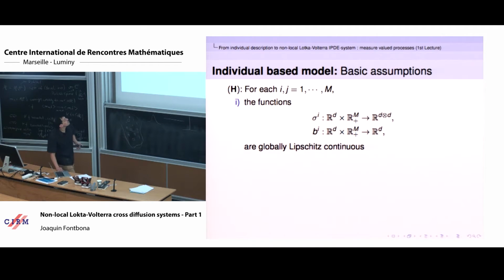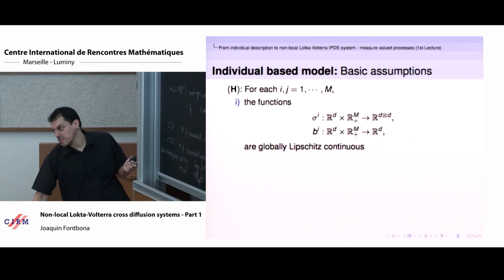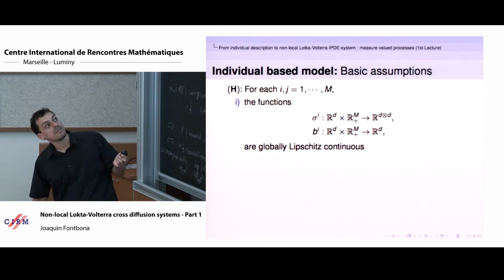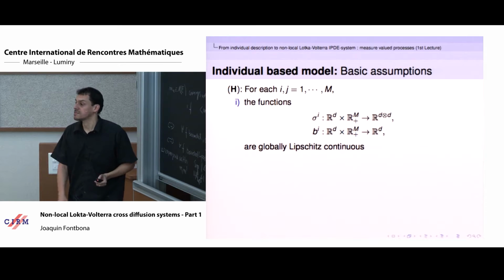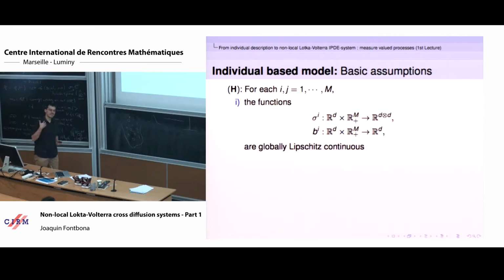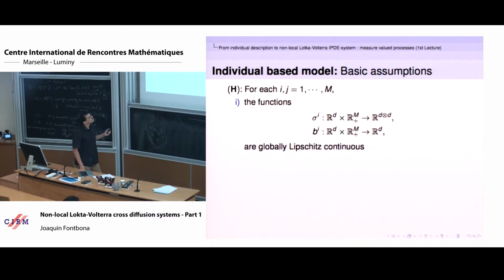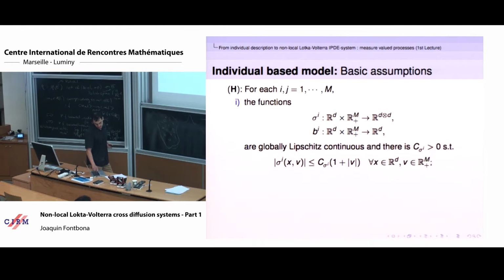And in order to make things work, I will make some assumptions on my data. I will assume that the square root of the diffusion matrix and the drift coefficient are Lipschitz functions. This is the standard framework where you can construct diffusion processes in a pathwise way using Ito calculus. So I assume they are globally Lipschitz continuous.